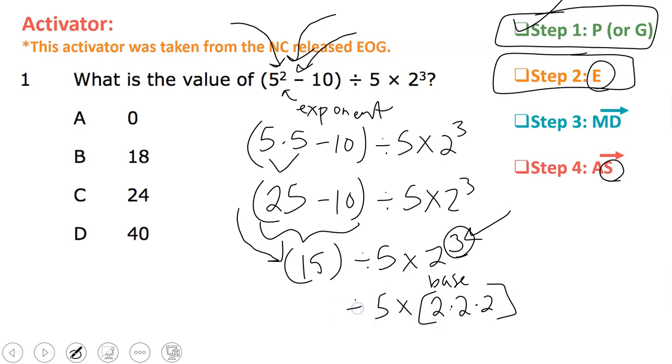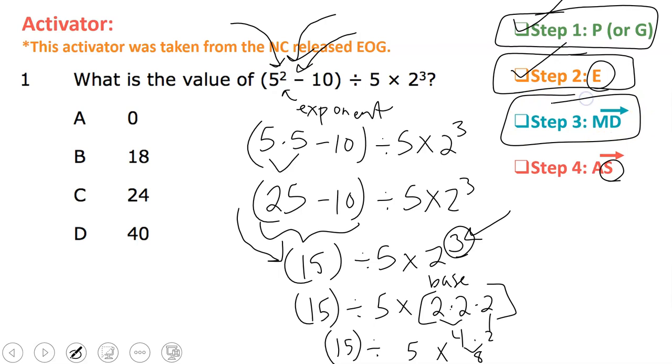And then I'm just copying the rest of the problem. 2 times 2 gives me 4, and then 4 times 2 gives me 8. So I'm finished with the exponents, I don't see any more, and now I move on to multiplication division.